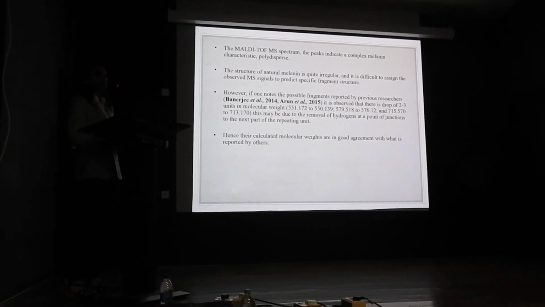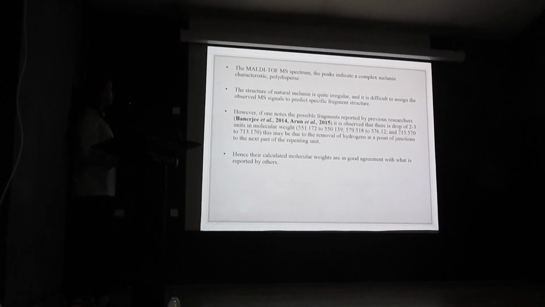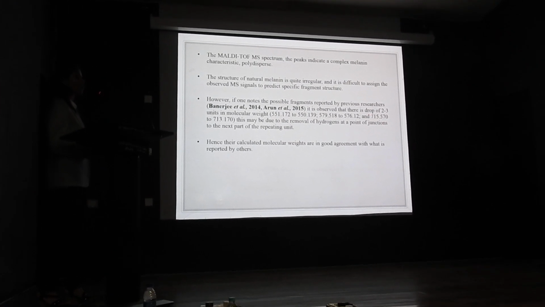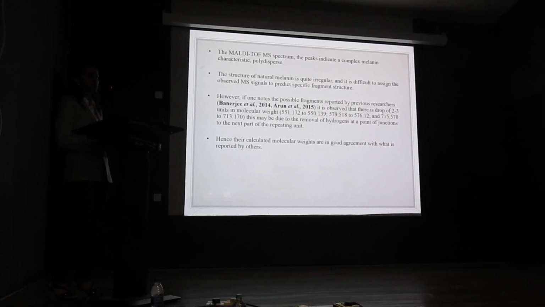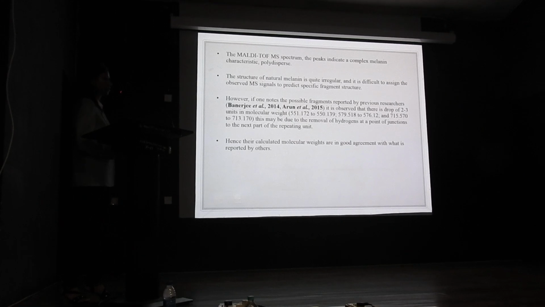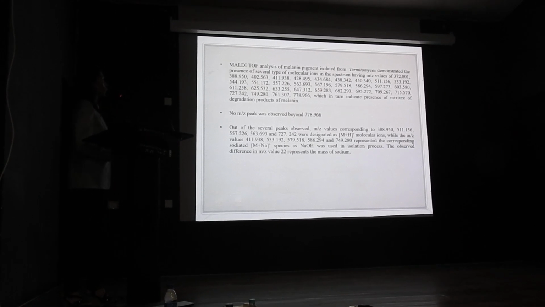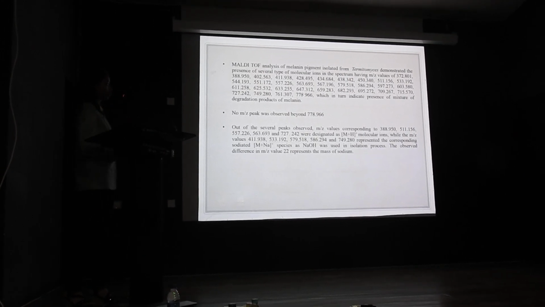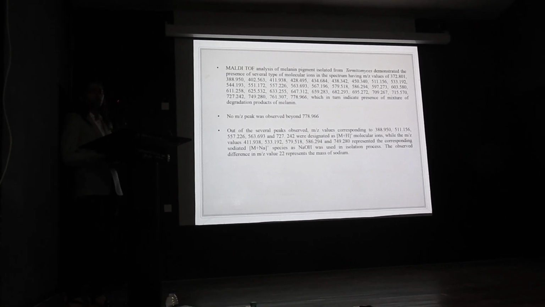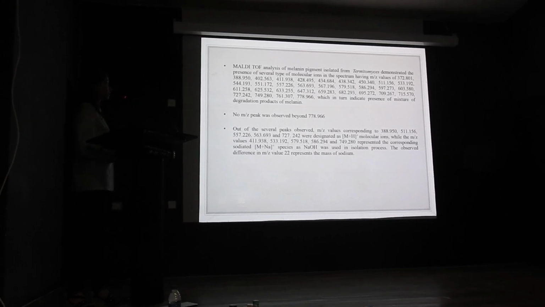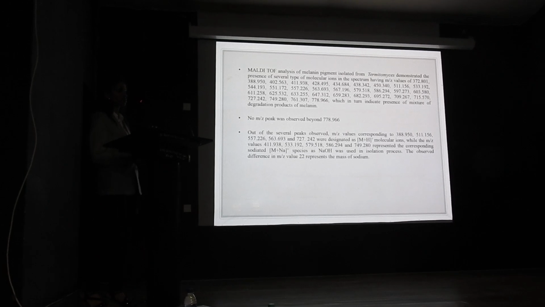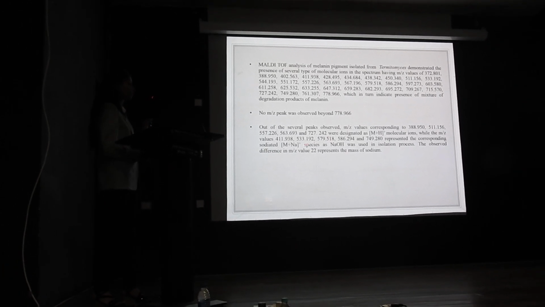When you compare with the literature, as per Banerjee et al. 2014 and Arun et al. 2015, in our present study there was a drop of 2 to 3 units in the molecular weights, which indicates the removal of hydrogen at the junctions next to the repeating units. These are the bands at the 32 fragments, which were then compared with the mass calculations, and species bound to hydrogen and to sodium were seen, sodium being the addition of 22 atomic mass.